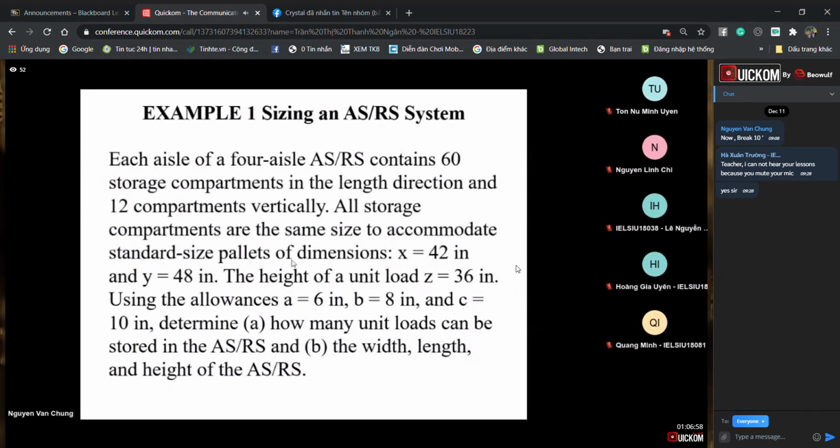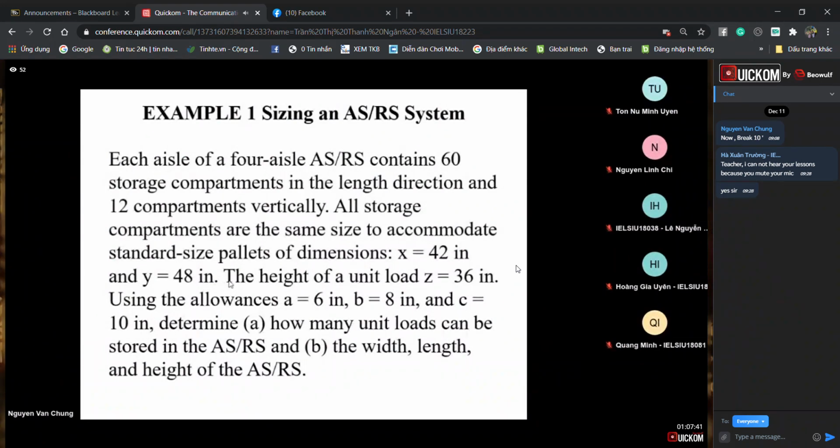You remember when you design the pallet, you have to use the standard size pallet. Like in the midterm exams, a lot of students proposed a new design for the dimensions of the pallet. That is wrong, because you have the standard size, maybe 42 by 48 inch.